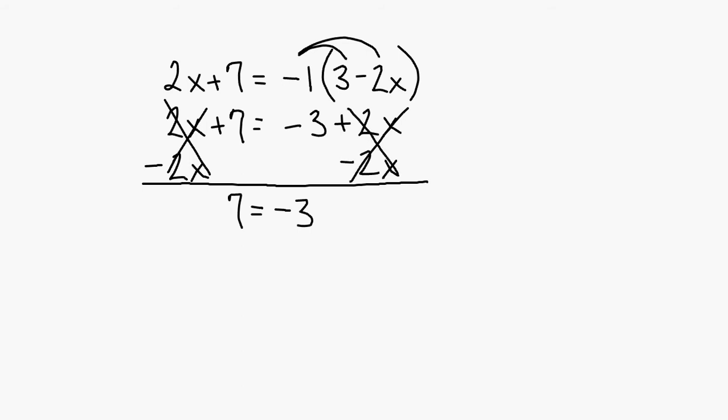So here's where you're at in your problem: that 7 is equal to negative 3. And 7 is never equal to negative 3. So you stop and you write no solution. There's no value for x that you could substitute to make this equation true.